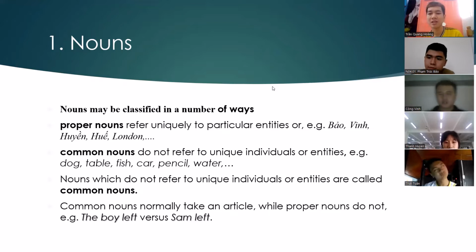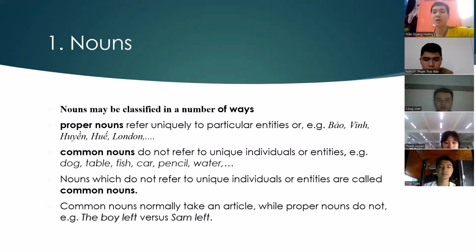Nouns which do not refer to unique individuals or entities are called common nouns, and common nouns normally take an article while proper nouns do not. For example, the boy left versus Sam left.